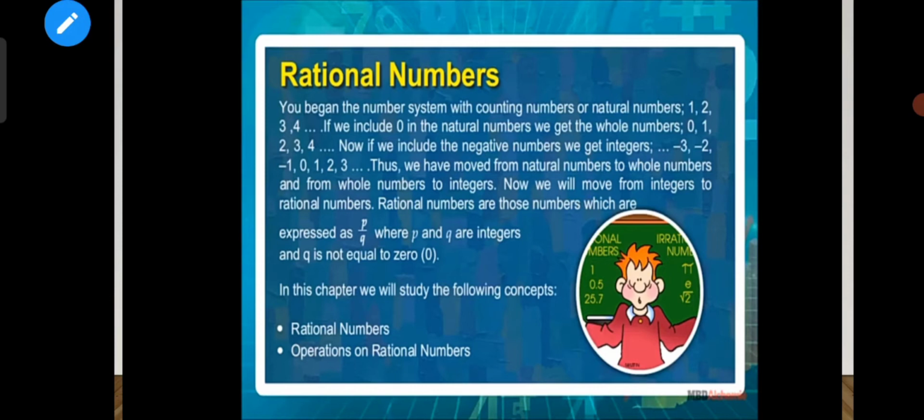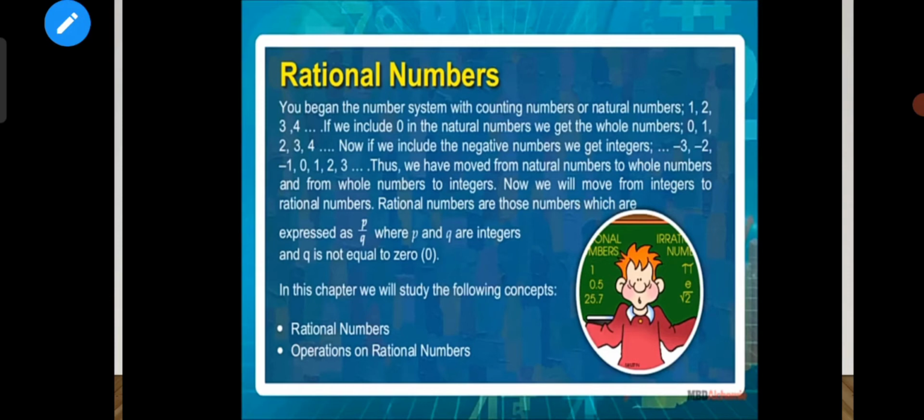Now if we include the negative numbers, we get integers like -3, -2, -1, 0, 1, 2, 3 and so on. Thus we have moved from natural numbers to whole numbers and from whole numbers to integers. Now we will move from integers to rational numbers. Rational numbers are those numbers which are expressed as p upon q, where p and q are integers and q is not equal to 0.